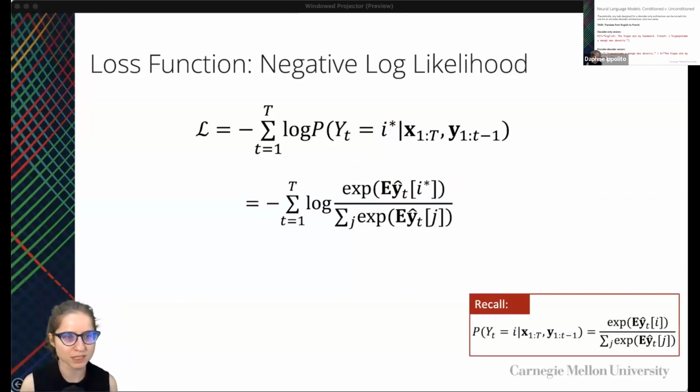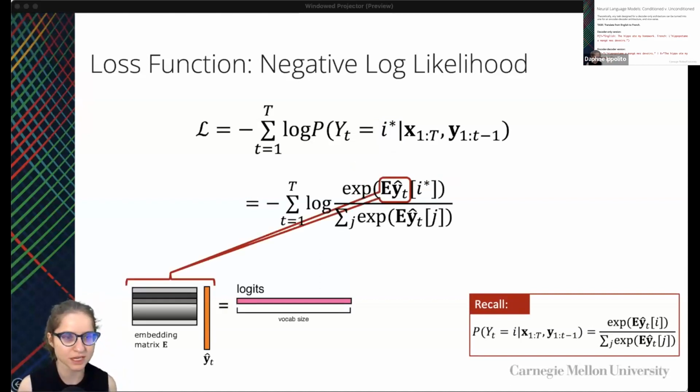We already talked about the fact that we get this probability distribution by taking the softmax. So I've just plugged in the softmax equation from the previous slide, and you can see that here. This e to the y-hat sub t is exactly what I showed you before. This is just the Logits vector.